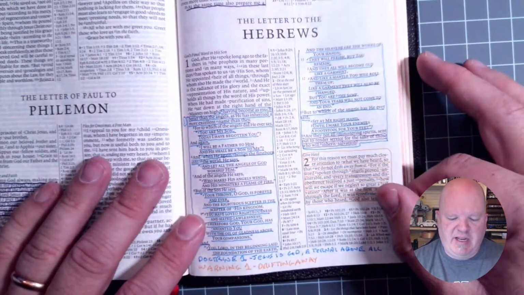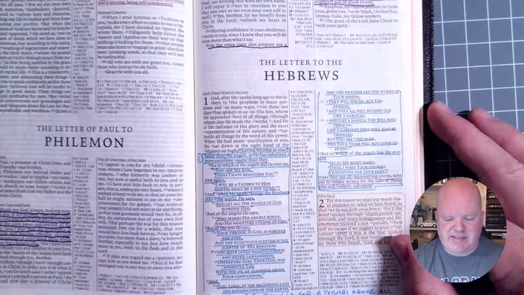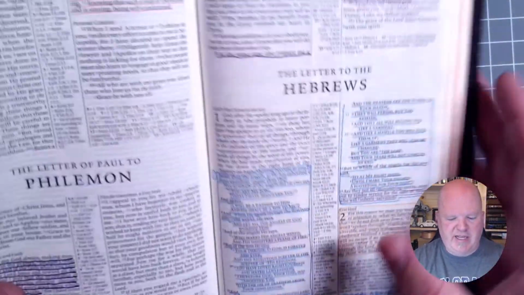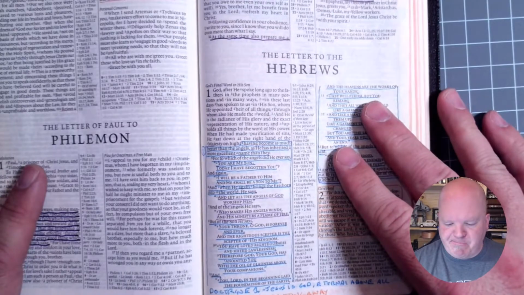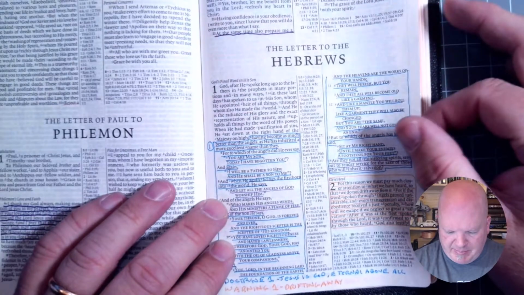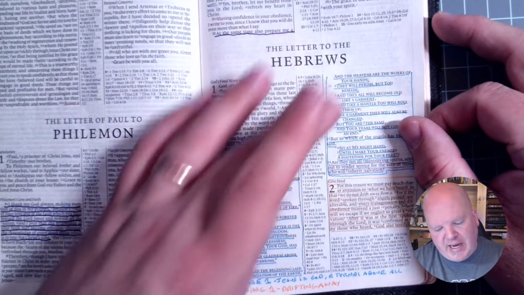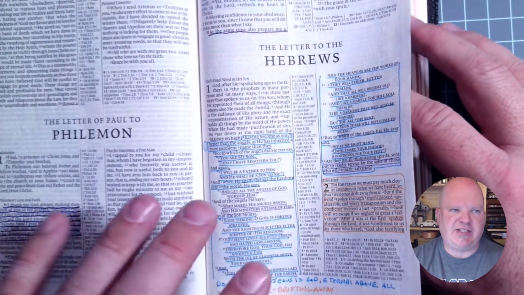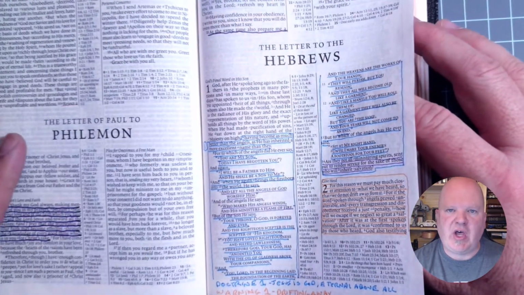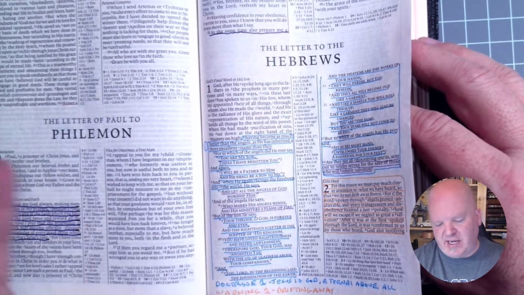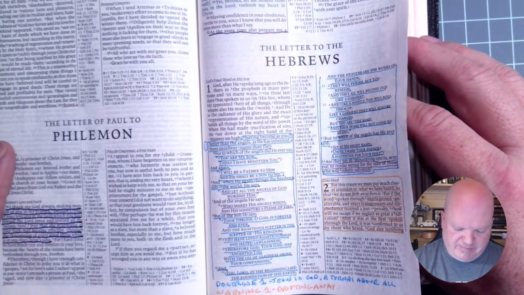You'll notice in my Bible here, which is the New American Standard, the Cambridge Pitt Minion edition, a really nice, handy size, the blue highlighting, the orange highlighting, and all this underlining. This signifies sections of division of logical thought that I'd like to point out in the book of Hebrews.